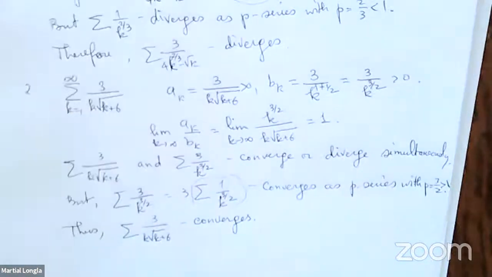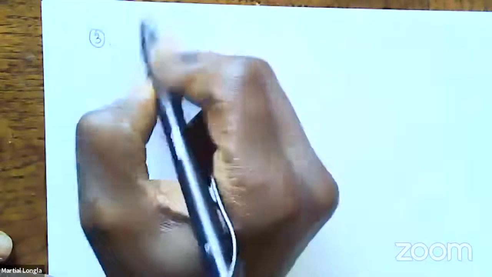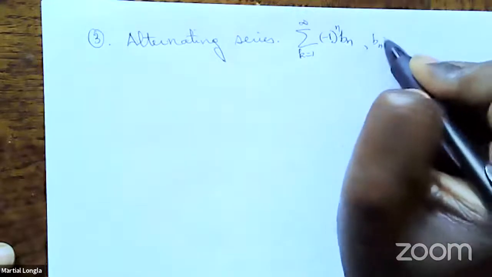Now the next topic you had there was alternating series. And that is the sum from n = 1 to infinity of (-1)^n times b_n, with b_n positive.